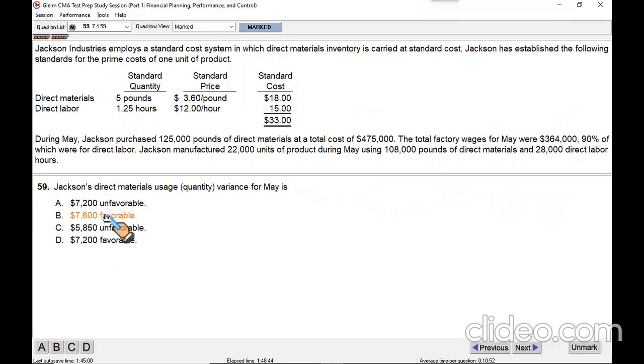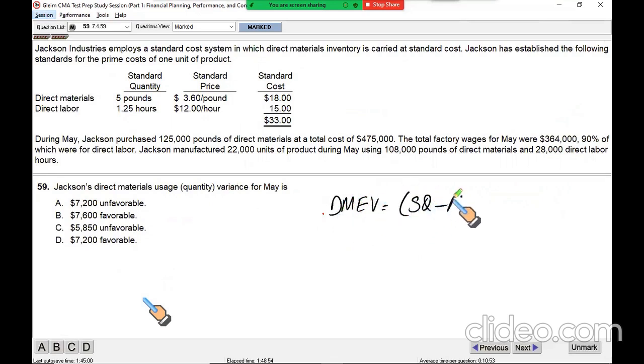Next. Jackson direct material usage variance, direct material efficiency variance, direct material quantity variance. There are different names to call it. We should immediately write down the formula. We know direct material efficiency variance or usage variance is equal to standard quantity minus actual quantity, times standard price.